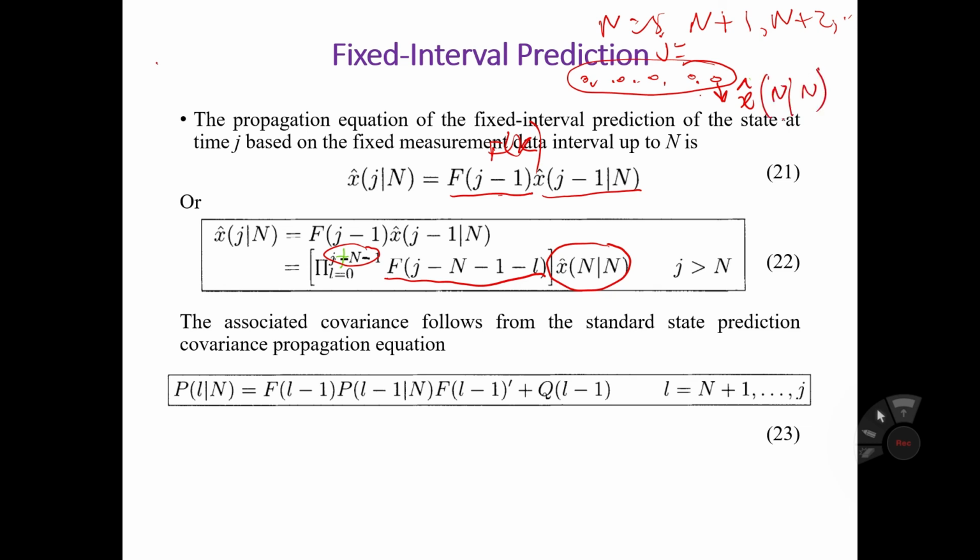You don't need to calculate it here using the Kalman filter estimator, because in this case you already know this, and now you are predicting the next scan. So for calculating the next scan prediction, you have to use F of j minus 1 times this thing. And the associated covariance follows from the standard state prediction covariance propagation equation like this one.